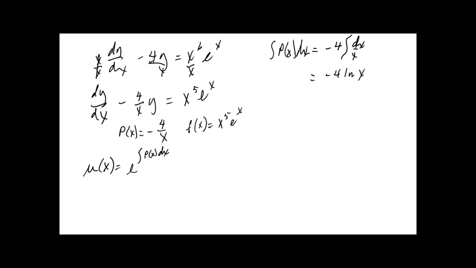Okay. Now what do we do with that? We're going to raise this to the e. But before we do that, that's your integral. Your mu of x is e to the this thing, minus 4 log x. Okay.